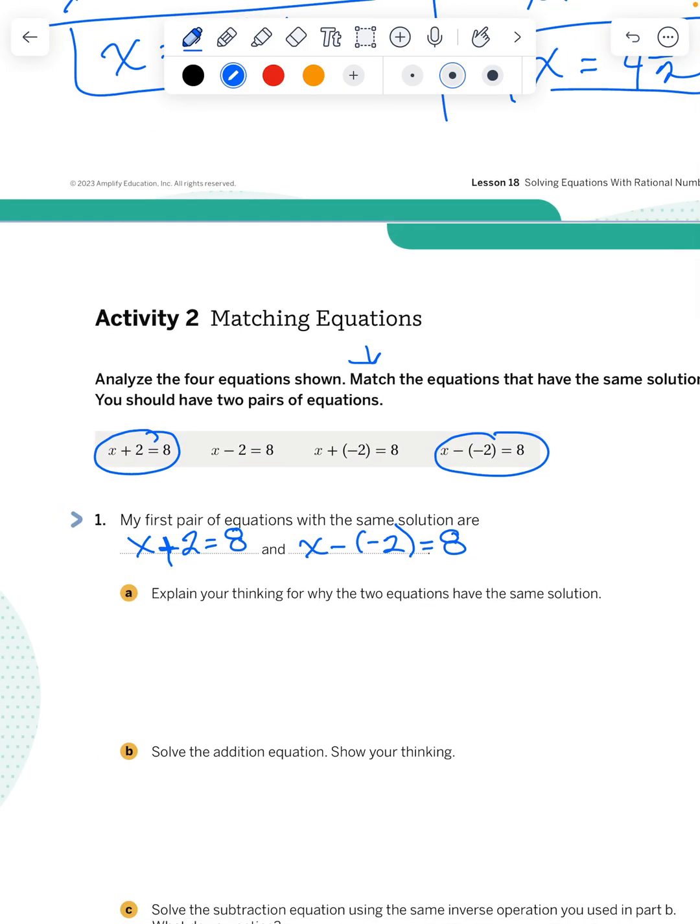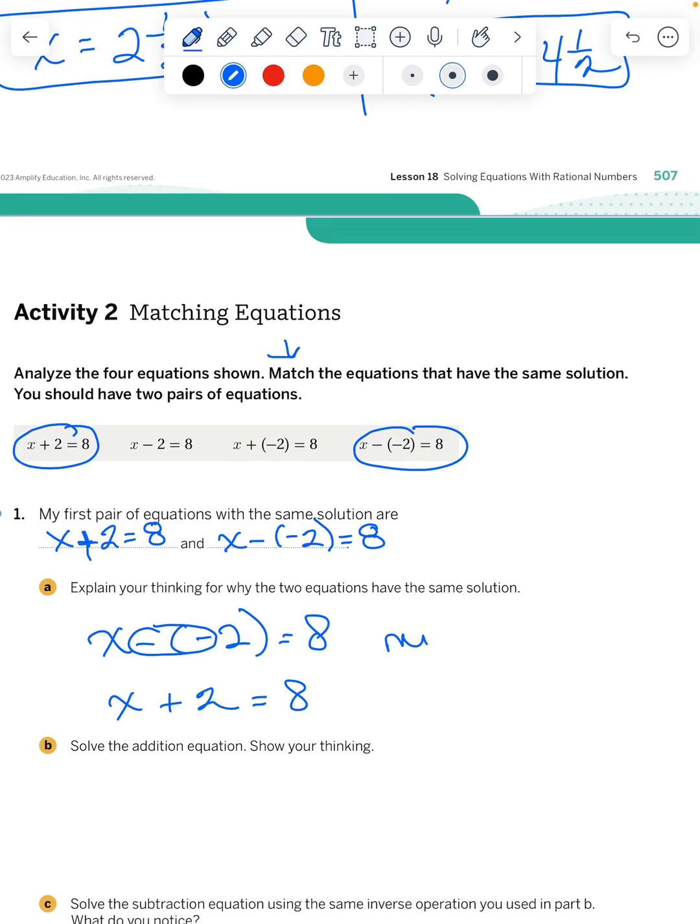Explain your thinking. We know that x minus a negative 2, again, we circle those double negatives and they both become positives, right? So these both equal 8.